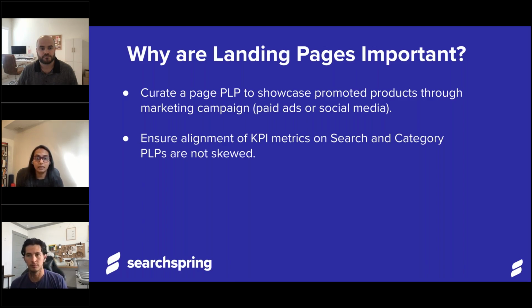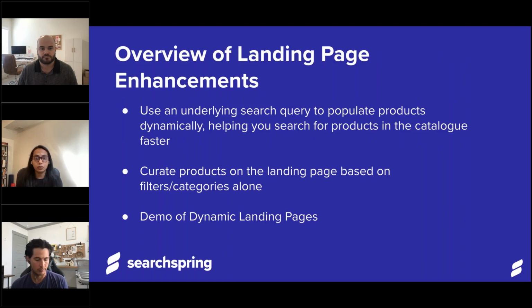And so we've added updated features like search queries, filters, and boost rules. So basically what each of these does is it allows you to use these tools to create a very focused, targeted experience with that landing page for your customer. And we will walk through the demo of it as well.